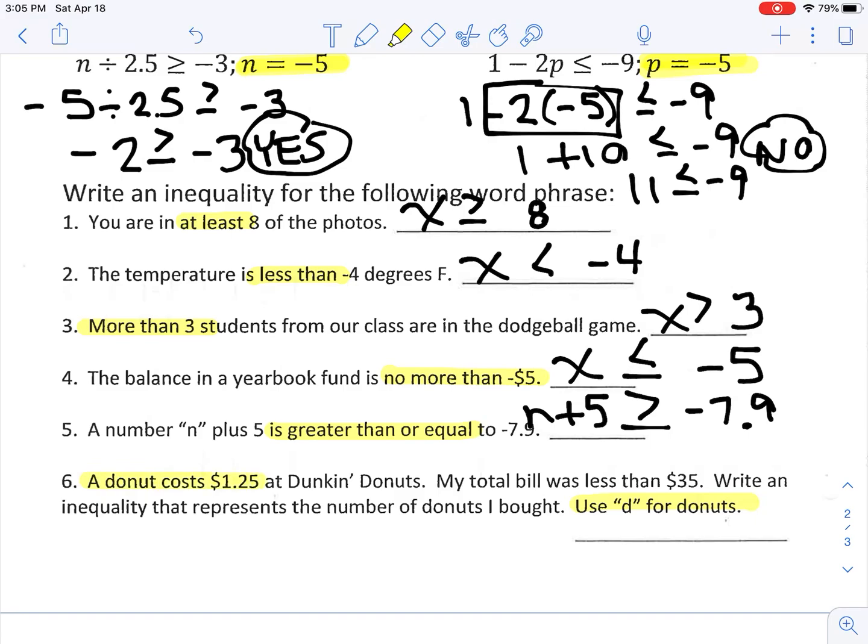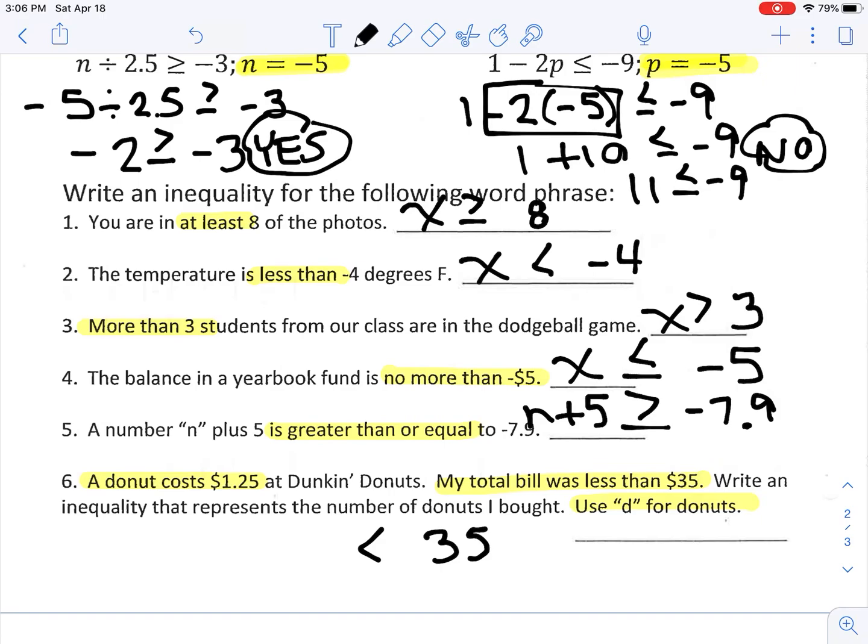A donut costs $1.25, and my total bill was less than $35. Well, as soon as I see those words less than, I know what symbol to use. Remember when we've been working in class, I said that almost always the total number or the biggest number in the math problem is going to go on the right side of your inequality or your equation.